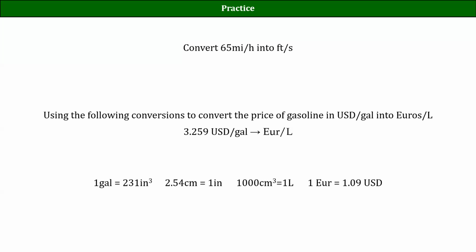Last step: centimeters cubed to liters, right? So what goes on top, centimeters or liters? Centimeters. We get for a final answer.